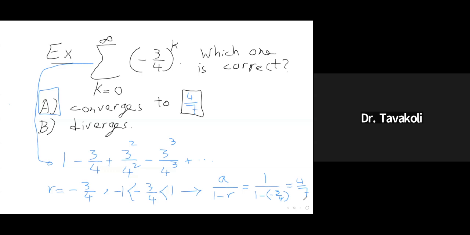Let's do another example of a geometric series. Sigma of 2 to the power of minus 3. Let me use a different letter here, j. And j runs from 1 to infinity.